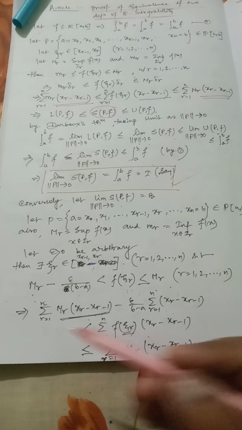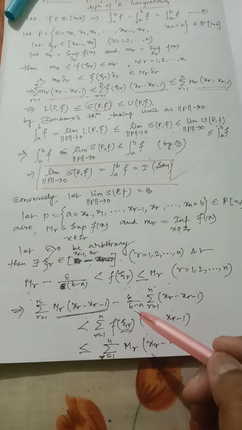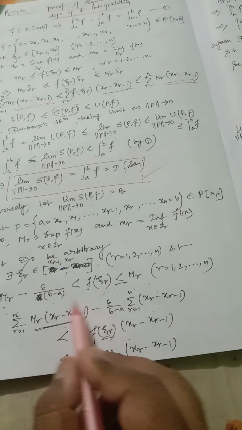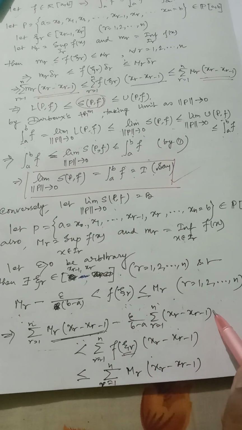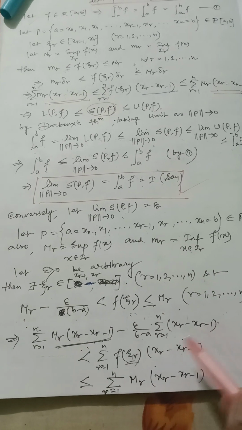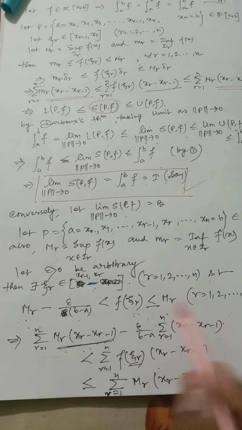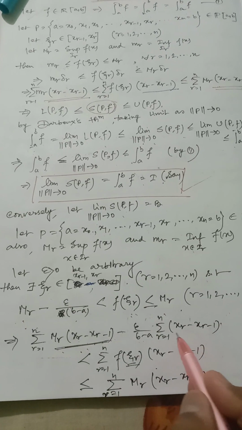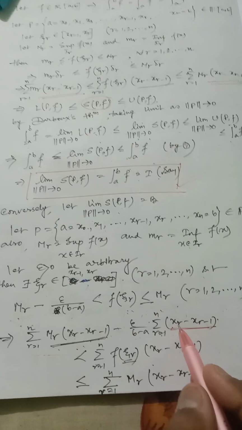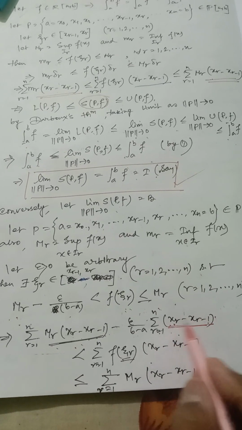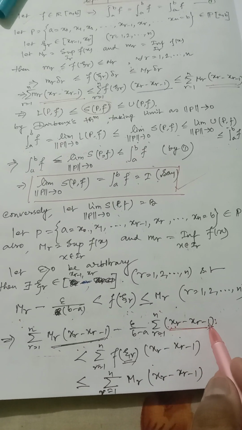Apply summation r equals 1 to n over each of these quantities. Now this part is what? Capital M r delta r, that is U(P,f). This part is less than what? Epsilon. So ultimately U(P,f) minus epsilon you can say, because whenever you are putting 1 to n, ultimately you will get x1 minus x0, x2 minus x1, x3 minus x2 and so on.